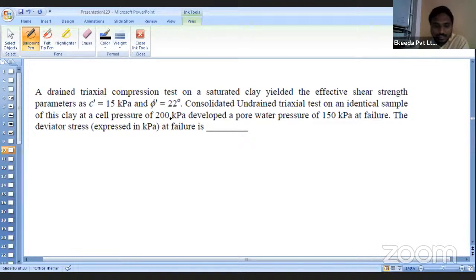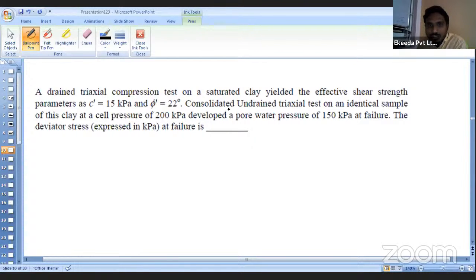And let us see one more example. A drained triaxial compression test on a saturated clay yielded the effective shear strength of 15 kilopascal and phi dash, that means effective angle of internal friction, 22 degrees.